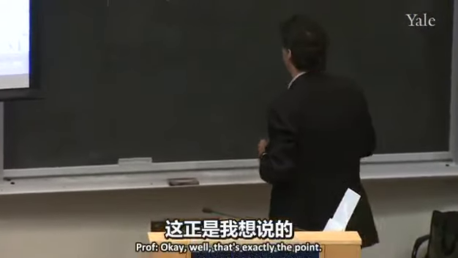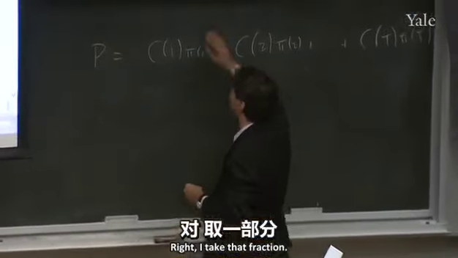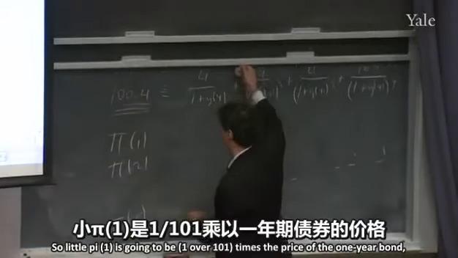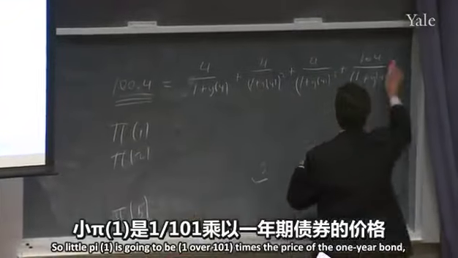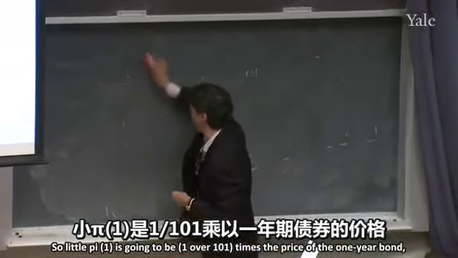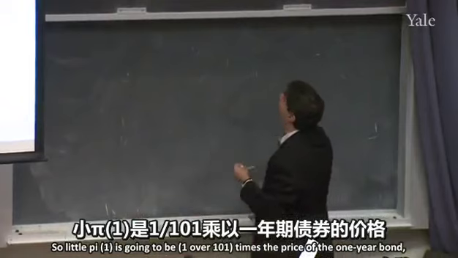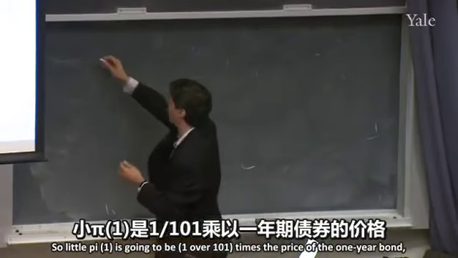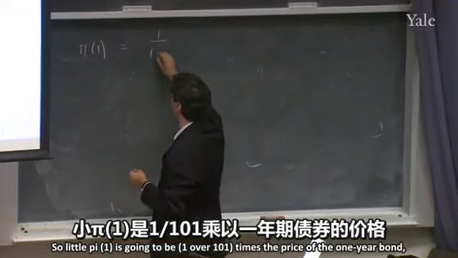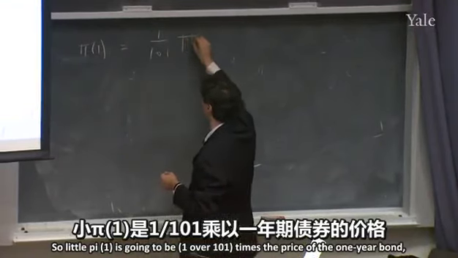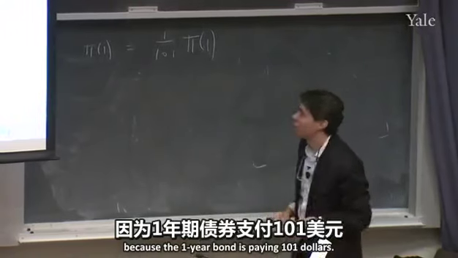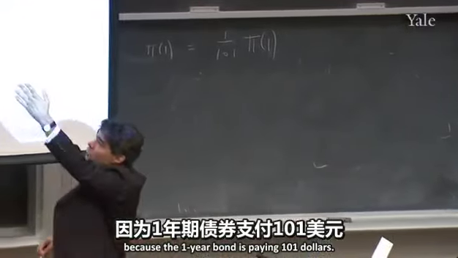Okay, well, that's exactly the point. Right, I take that fraction. That's what I want you to tell me. So pi 1 is going to be 1 over 101 times the price of the 1-year bond, because the 1-year bond is paying $101.